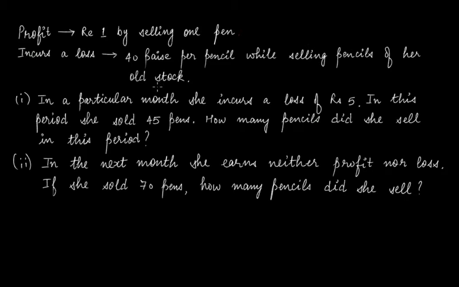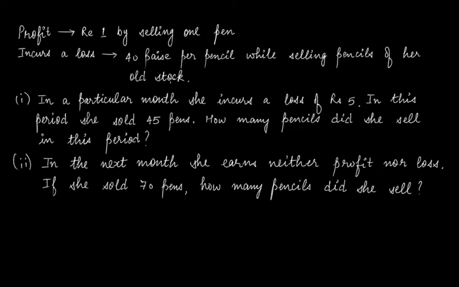Okay, you are clearing the old stock, and some of you might think, why is the person making a loss while selling the pencil? Here you can assume yourself as a shopkeeper. You are incurring a loss because you are selling your old stock, and you are not selling this item, the pencil in this case, at the rate that you were supposed to sell it.